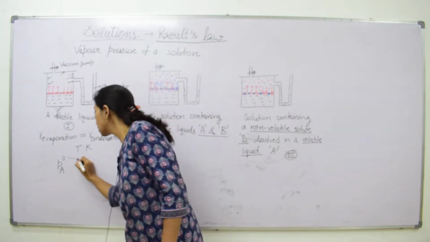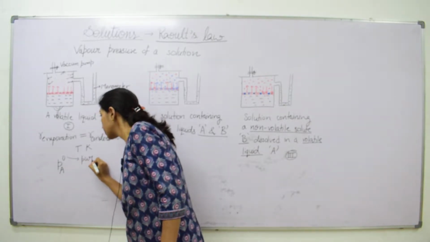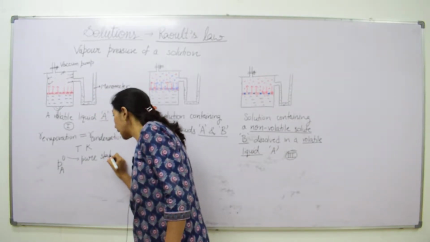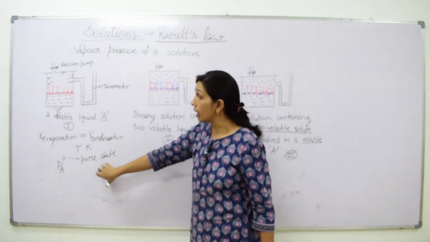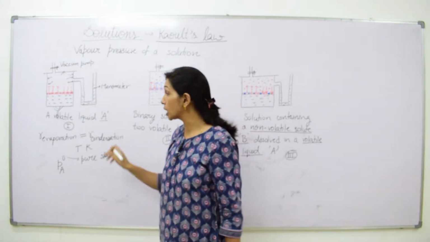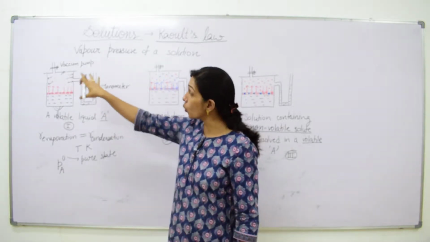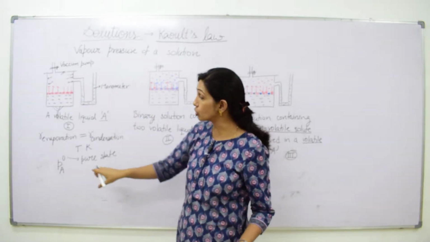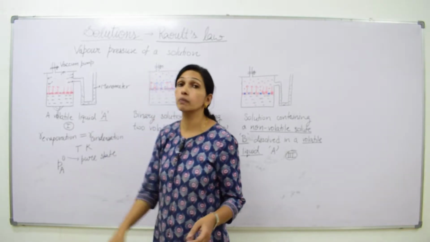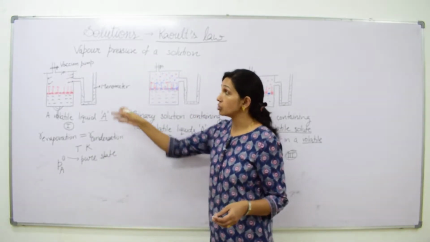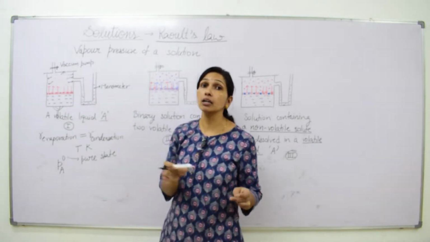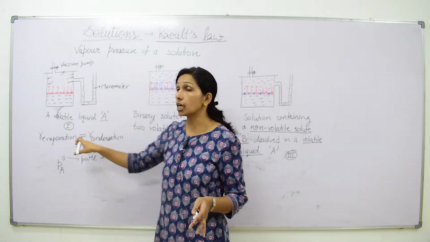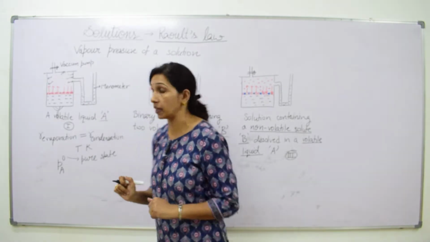Naught represents the pure state. The liquid A is present in a pure state in this container, having mole fraction equal to 1, because it is the only one present. So, its vapor pressure here is equal to PA naught, the pressure exerted by its vapor particles at a definite temperature at equilibrium.